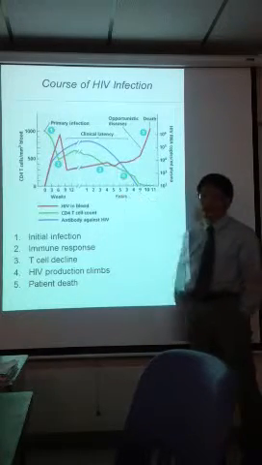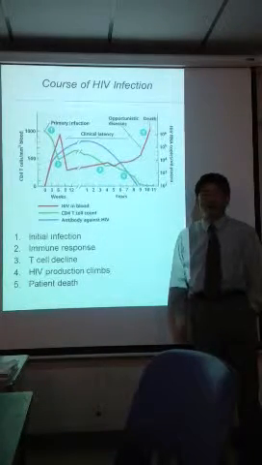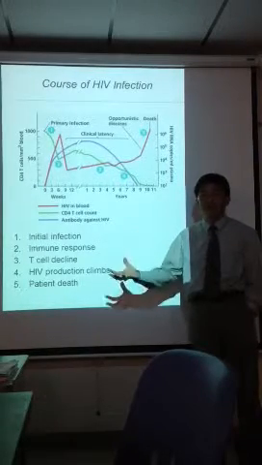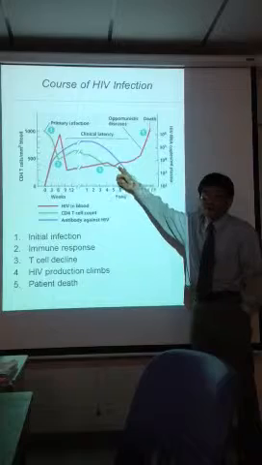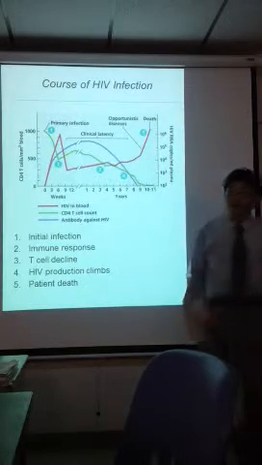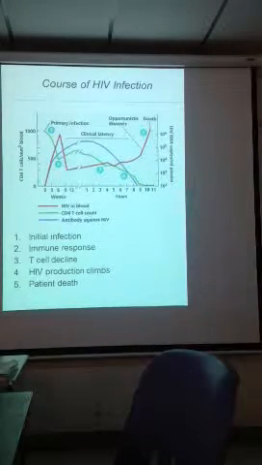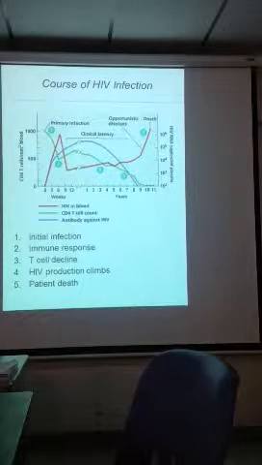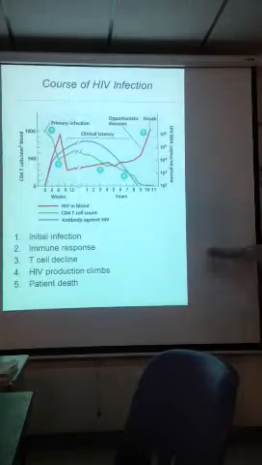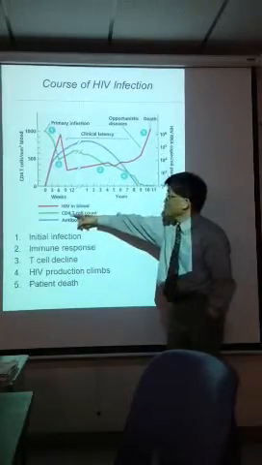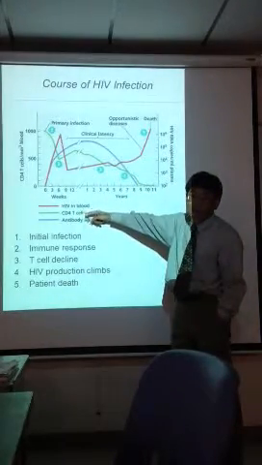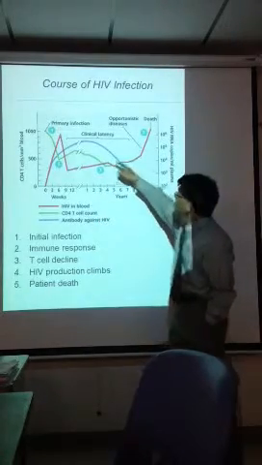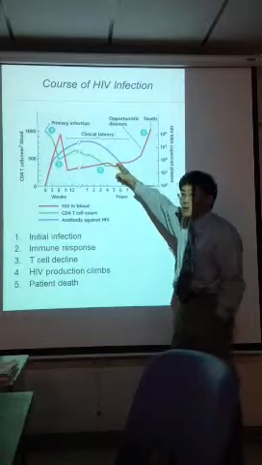So if your helper T cells go down, the B cells don't have that help to be able to make antibodies. And so the antibody levels are going to go down. Okay? So that's why that shows the importance of those helper T cells. Okay, why they're important for this response. Okay? So those go down, right? Because remember the T cells are going down because HIV is attacking and destroying them. As those T cells go down, so does your immune response, your antibody response.